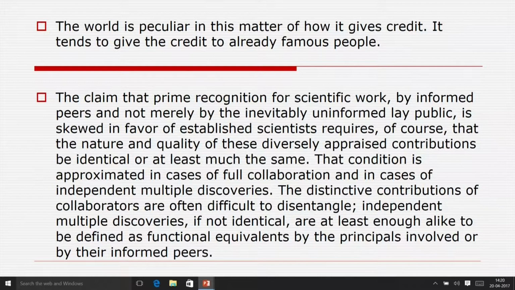Such a condition is approximated in cases of full collaboration and in cases of independent multiple discoveries. That is why Merton was giving the example of Newton and Leibniz earlier, as we have already discussed.